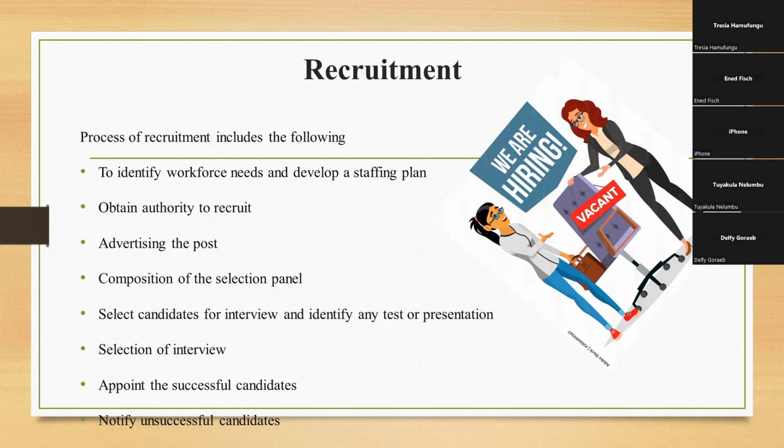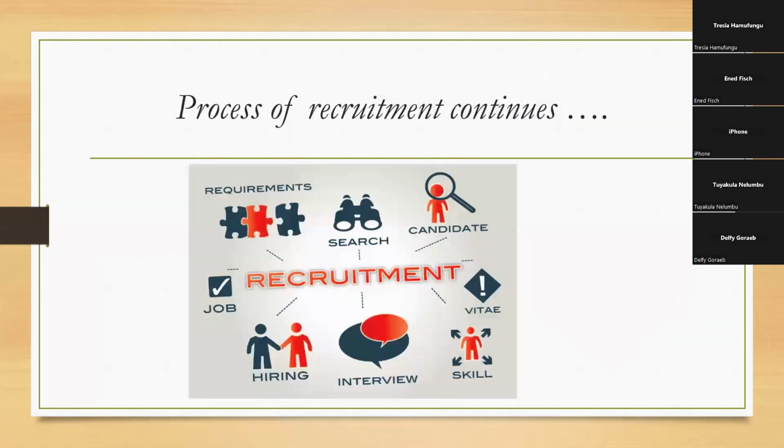Here is where the organization tries to get to know as much as possible about the candidate through oral or written interview. Those are the steps in the recruitment process, students. And this diagram just illustrates the steps of the recruitment process. Let's move on.